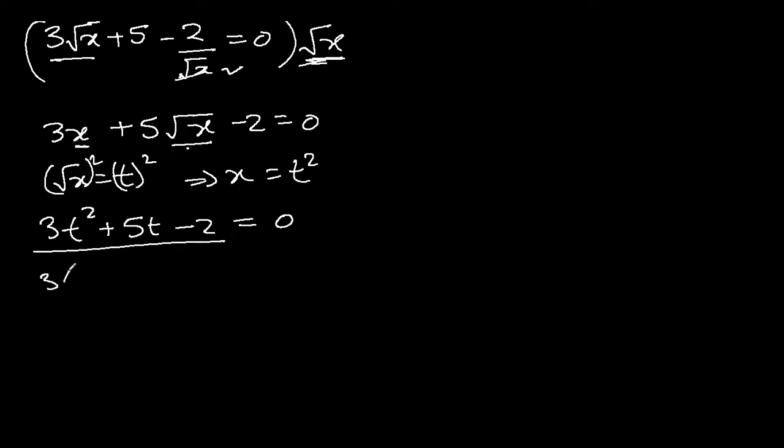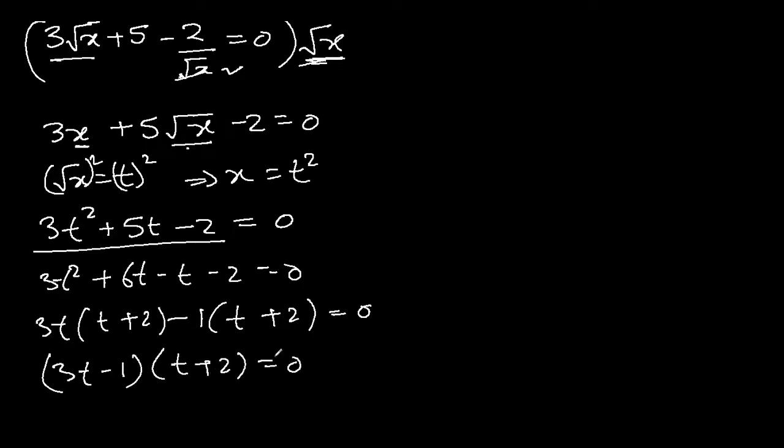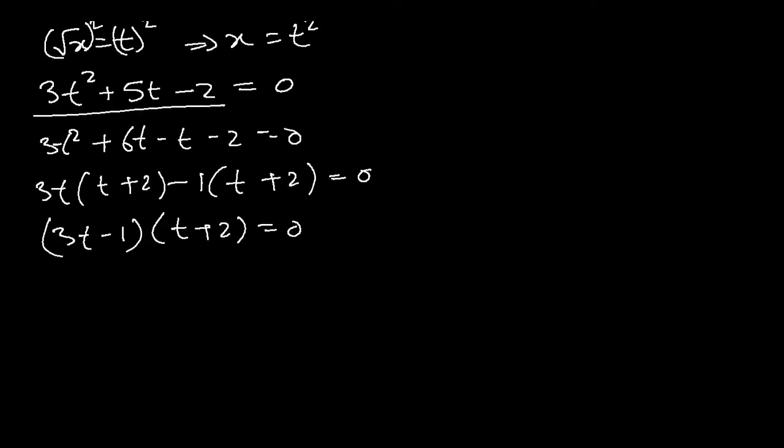So 3t square plus 6t minus t minus 2 equals 0. 3t minus 1 and t plus 2. That's the factor. Now this part gives us 3t minus 1 equal to 0, so t is 1 over 3.